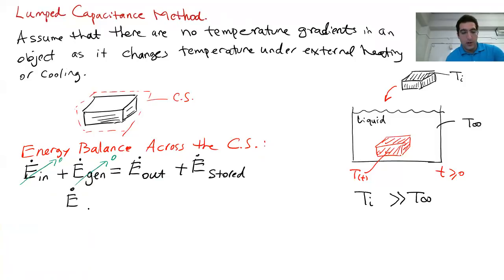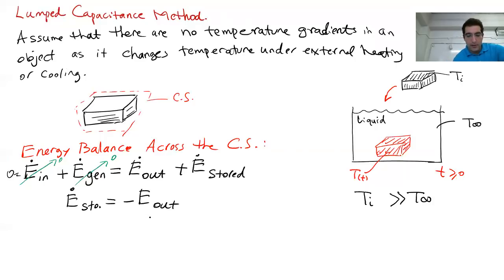The rate of energy stored should be equal to minus the rate of energy going out, correct? Because this side becomes zero, you can pull the rate of energy out to the other side, so this is what you get.